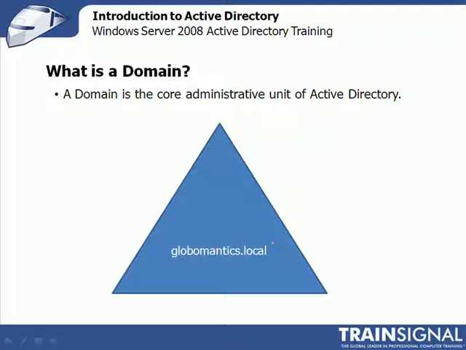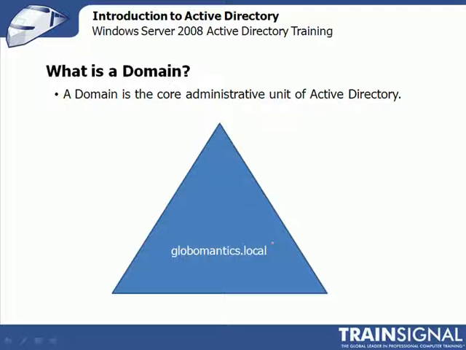And that's what I mean by the administrative unit, because things within the domain can be managed. Now, you may have seen a definition that talks about a domain being a security boundary. Well, that has changed. It's not really considered to be a security boundary because a lot of the security that we used to keep contained within a domain, well, is no longer contained. Matter of fact, it never really was contained within the domain. It was thought to have been contained. It is the core administrative unit.